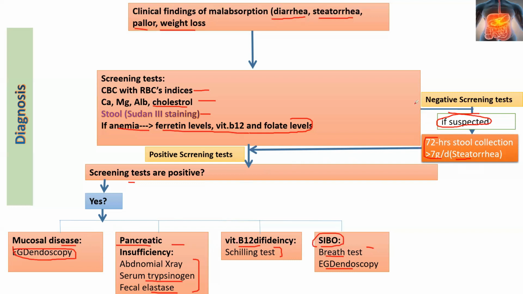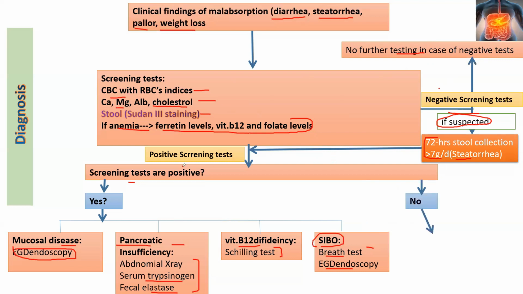If the screening tests are negative, we don't do further testing, because it means there's no malabsorption: the stool is normal, there's no fat in the stool, the CBC is normal, and calcium, magnesium, and albumin are all normal, so we don't need further testing.